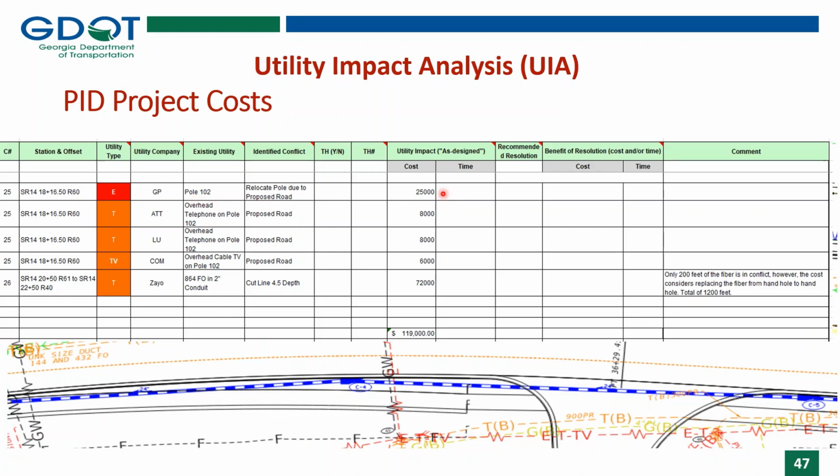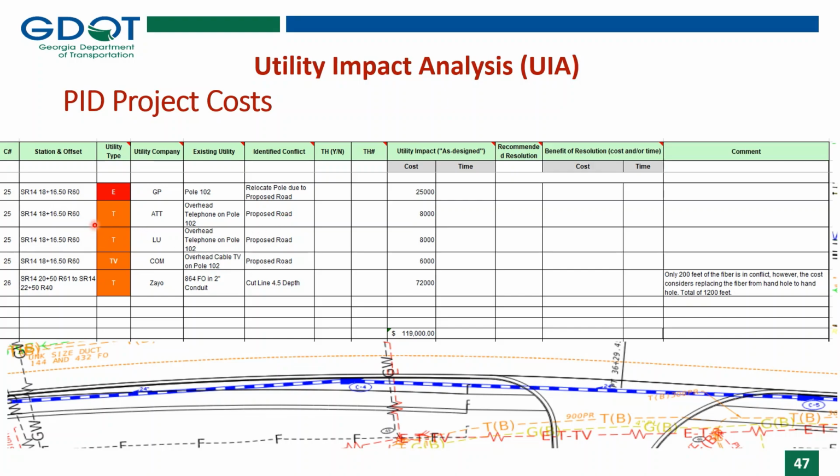And those relocation costs are here at $25,000 for the pole and the relocation of the electric line. However, the attachees will be shown separately under the same conflict number to avoid clutter. And so each attachee will have its own entry or row for that conflict.